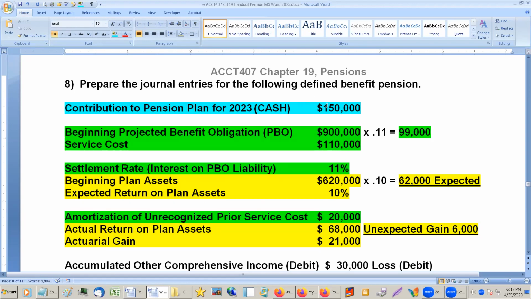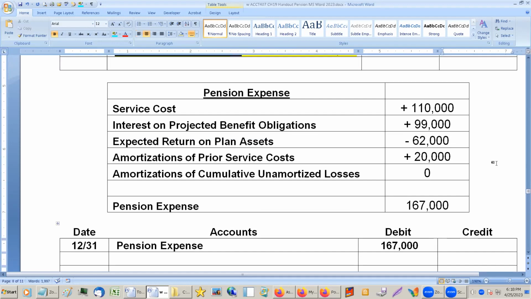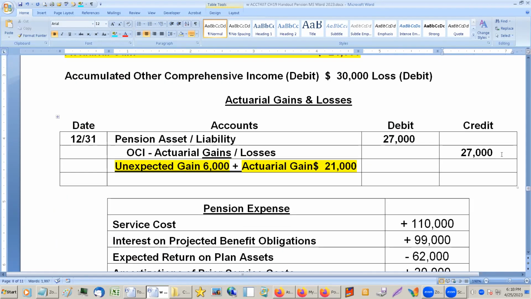So our cash we paid out is 150,000. So coming down here, our cash. Yeah, notice that the cash payout is not part of the pension expense. Just that quick, I forgot. 150.